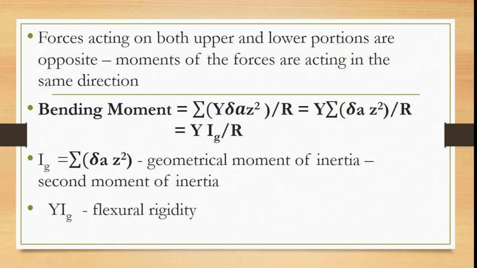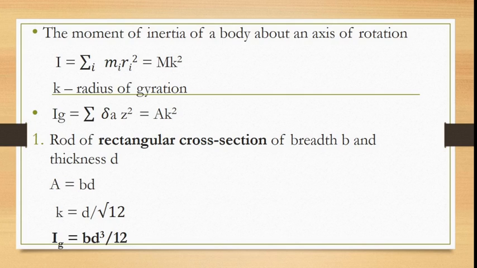Now we can calculate the bending moment for a rectangular cross section as well as a cylindrical cross section beam. For that, let's have a look at the moment of inertia of the body. We know that moment of inertia I is represented as mr square, isn't it? In terms of summation, you can write it as sigma mi ri square, which is equal to m k square, where k is the radius of gyration.